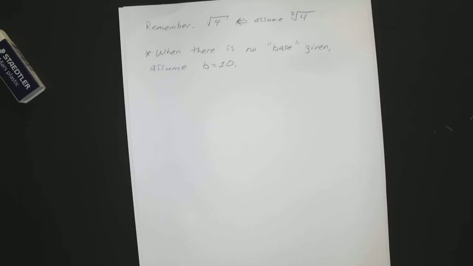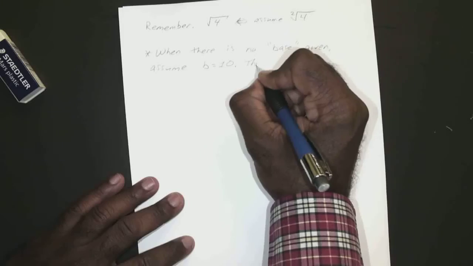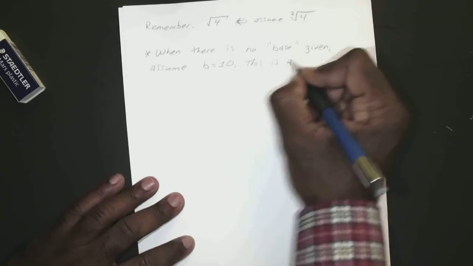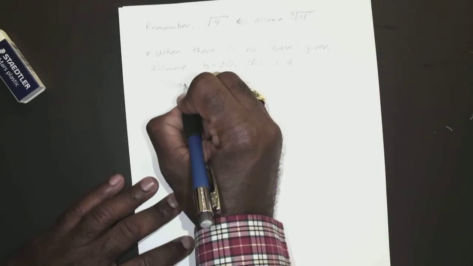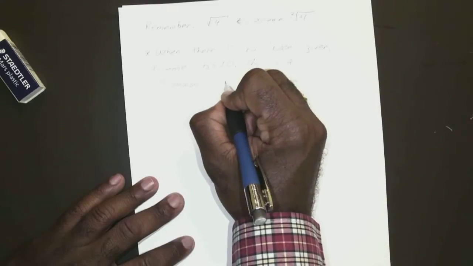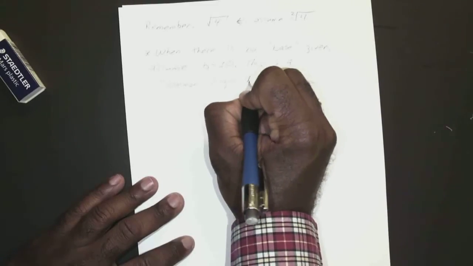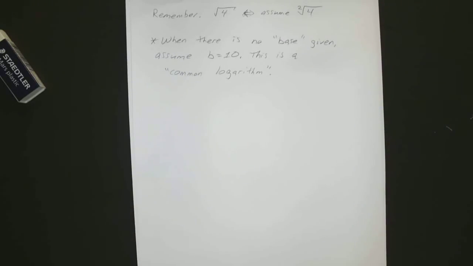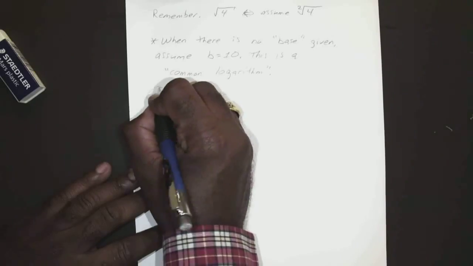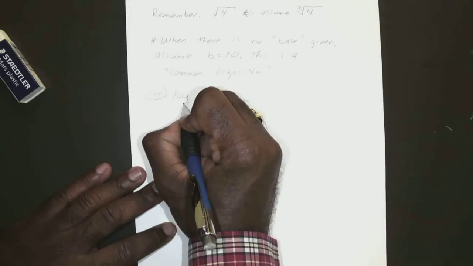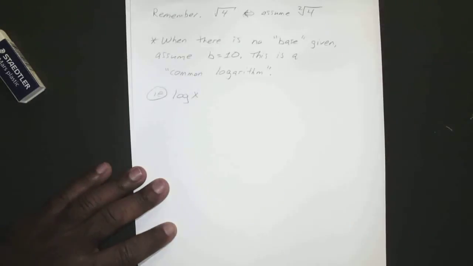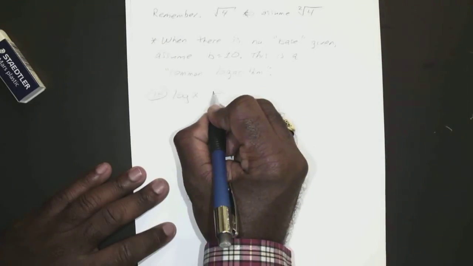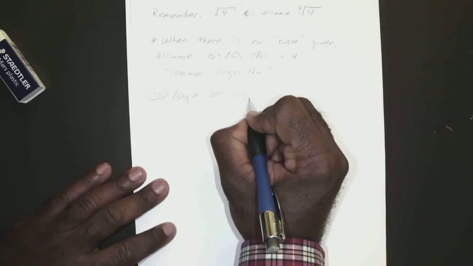This is called a common logarithm. Okay. So in other words, if you have log of x, that's just log base 10 of x.